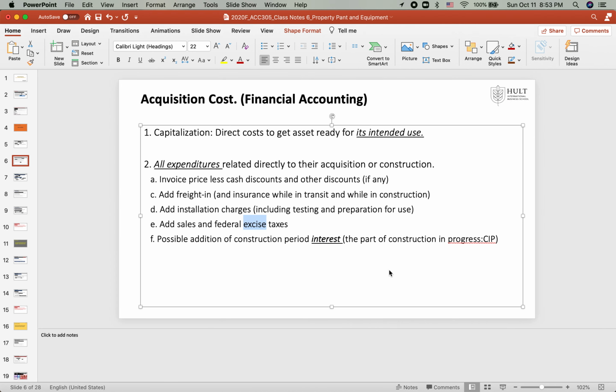As we discussed in class, the acquisition cost to capitalize a long-term asset includes all expenditures related directly to its acquisition or construction: invoice prices, freight costs, installation charges, sales or federal taxes, and possibly even the interest during the construction period, because that is part of the construction in progress, the CIP we practiced in inventory.